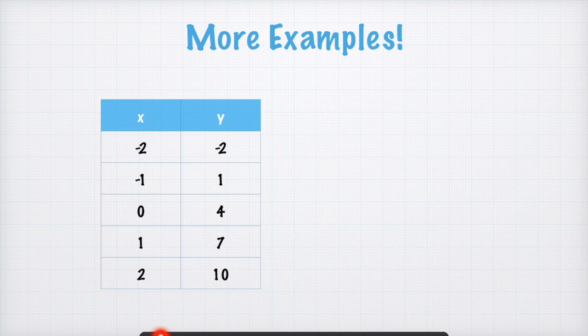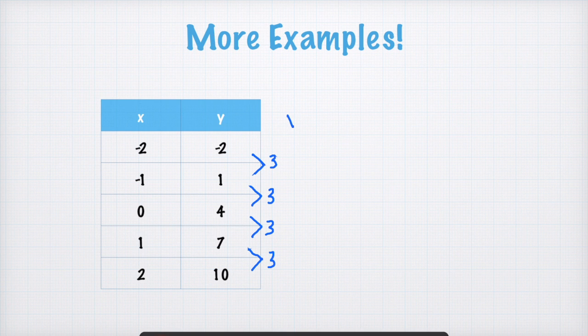Let's do this one. So we have, what's the difference between 1 and negative 2? Well, that's going to be 3. What about between 1 and 4? That's a 3. What about between 4 and 7? That's also 3. Here's another 3.